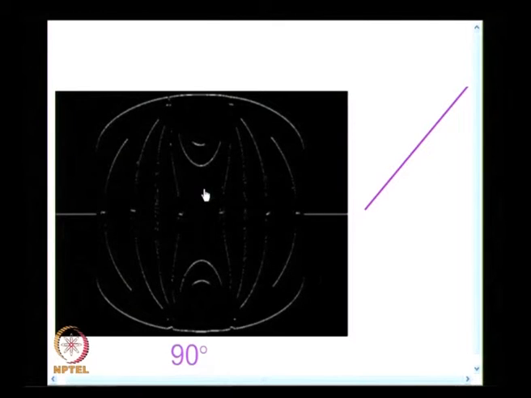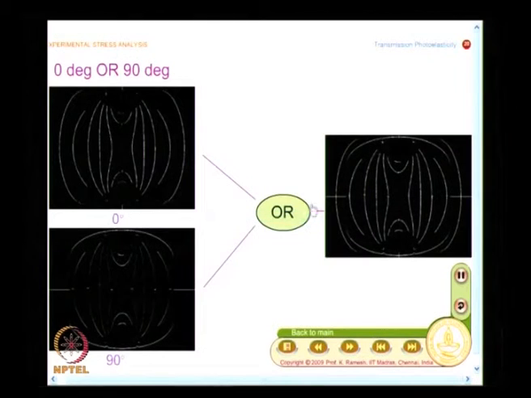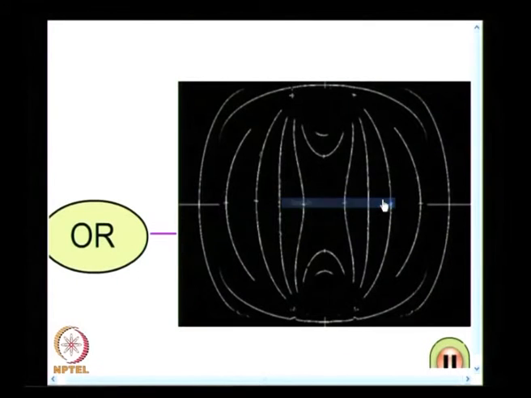Now, what I do is take a logical OR operation of these two. I get a fringe skeleton which is reasonably complete, but it still has noise, unwanted information like this.